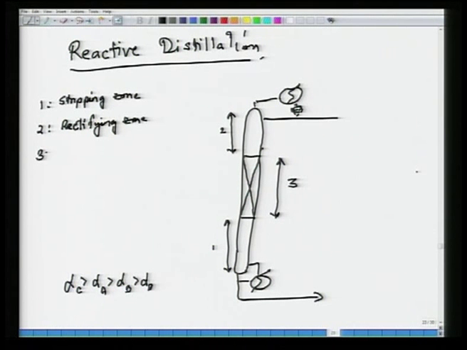And those catalyst loaded trays form the reactive zone, or the reactive section.